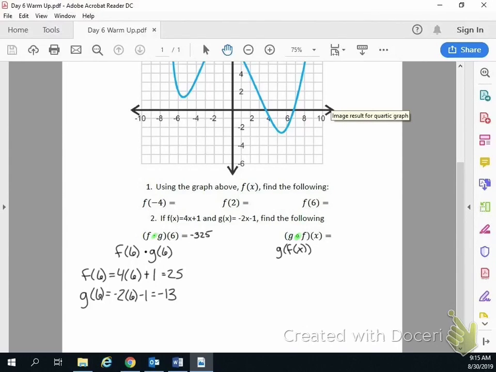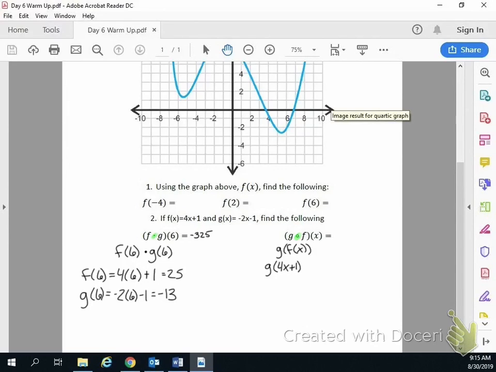Now, in this problem, what is f of x? 4x plus 1. So I'm going to do g of 4x plus 1. Okay, I took f of x out and I put 4x plus 1 in. This, right here, at this point, is the exact same idea as this. The only difference is I'm not just plugging a number in for x, I'm putting this whole thing in for x, 4x plus 1. But it's the same concept.